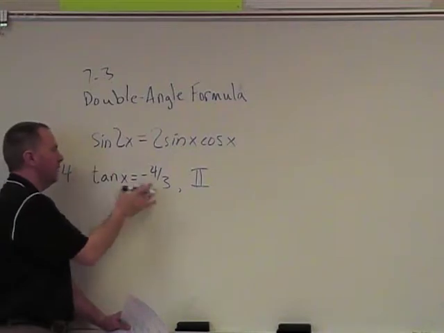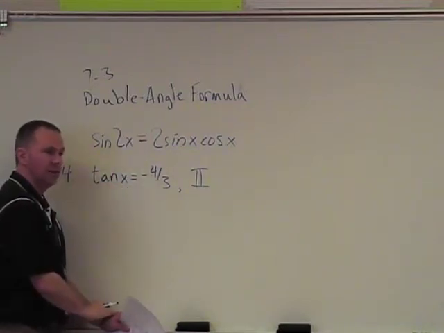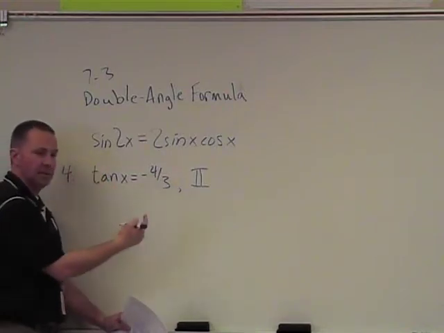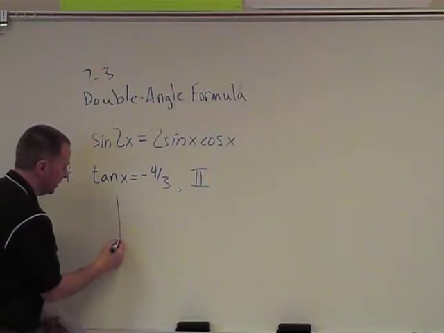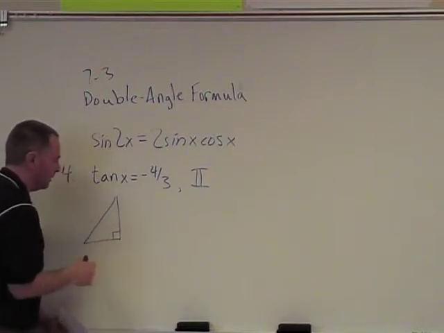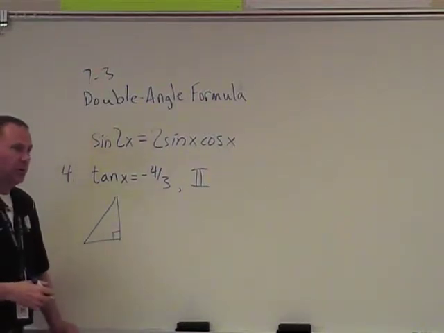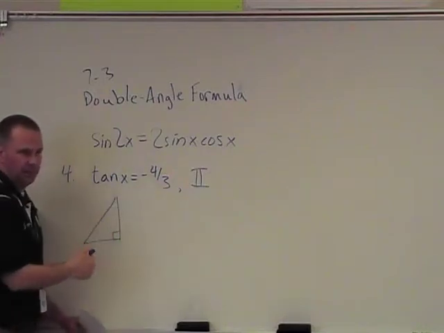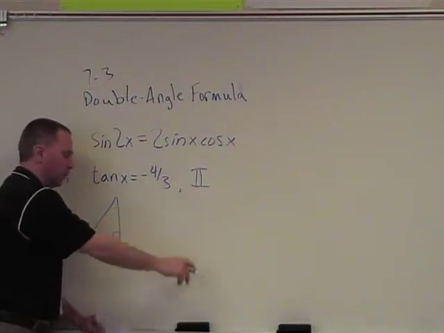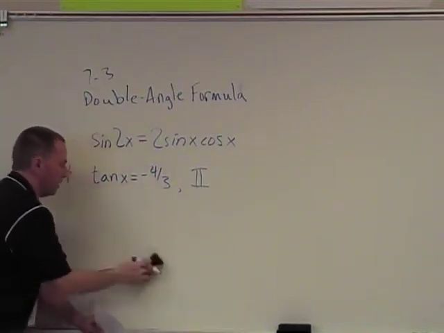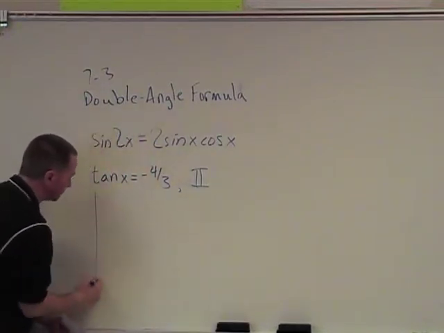Okay? So that doesn't mean anything at the moment. Tangent of x equals -4/3. What is tangent? It's the same as opposite over adjacent. And in your video last week, or over the weekend, I said make a right triangle for the value that you've been given. Now, here's the problem with this. This is in the second quadrant. So it does help to draw it in the right position.